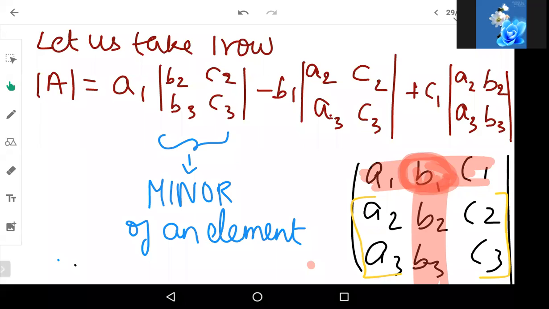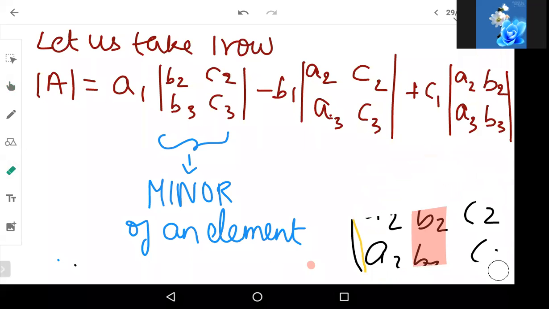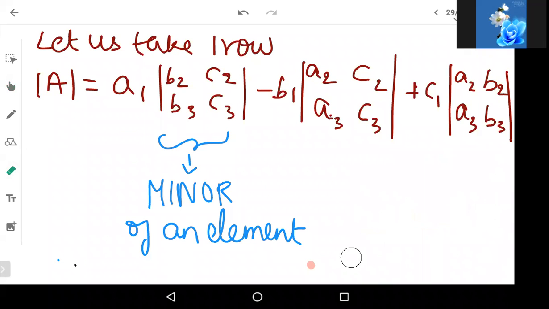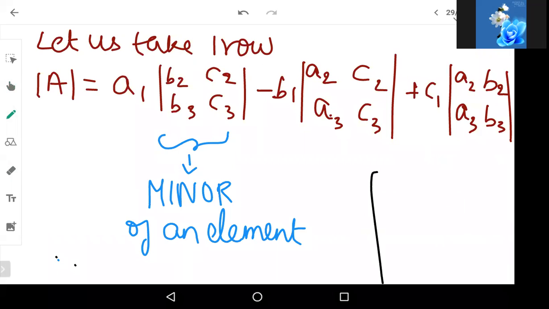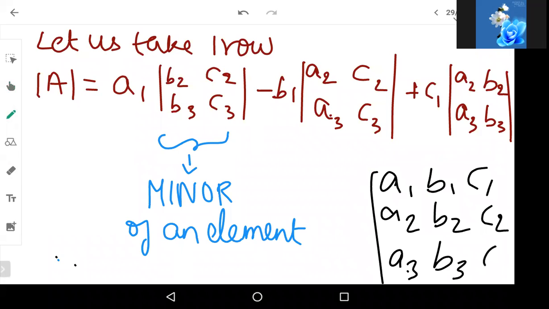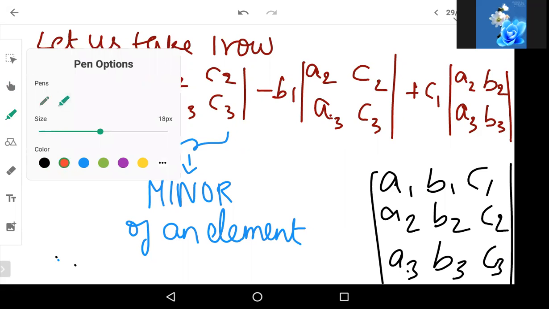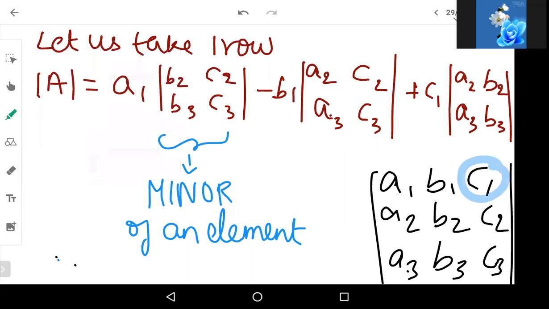Okay, good. Now, finally, since I'm considering the first row, we have the C element. So let us see how to find it for the C element. Now, same matrix A1, B1, C1, A2, B2, C2, A3, B3, C3. Here I am going to consider C1 as the main element. Since I am considering it in the first row, I will leave out the first row.